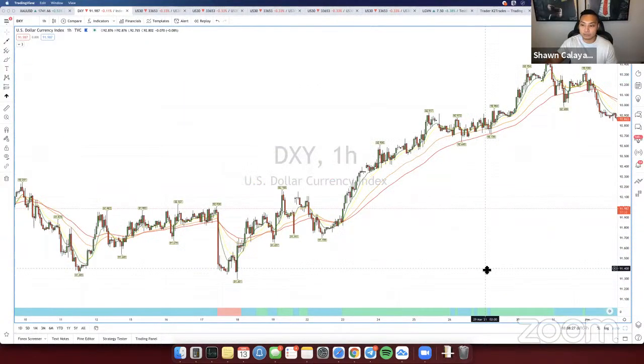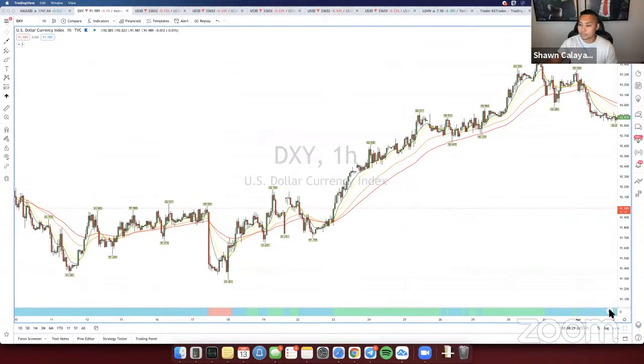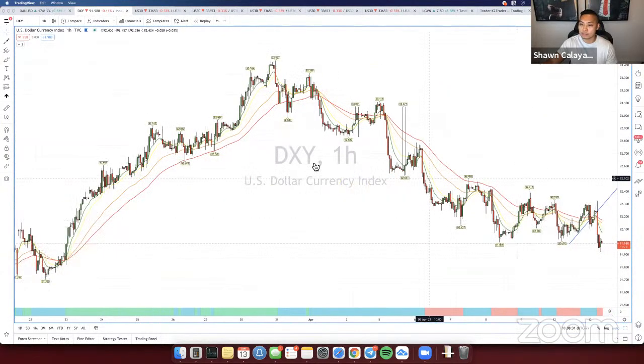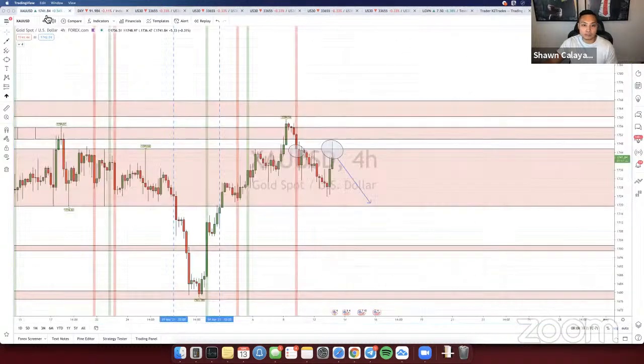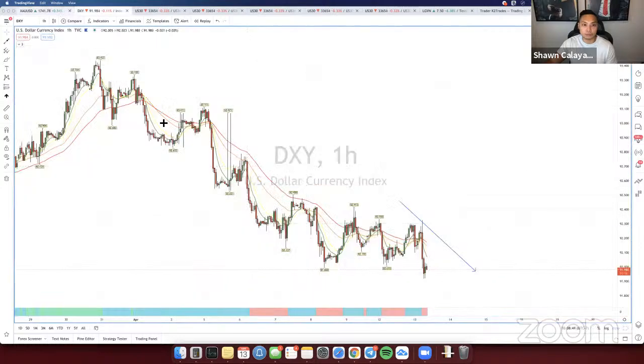So if you're looking at the DXY, it's going down from this point, right? If the DXY is going down, that means that gold is going to go up. So that's why it's pushed up from this point over here, right? Because DXY is going down, gold's going up.